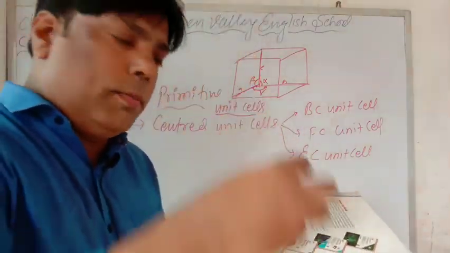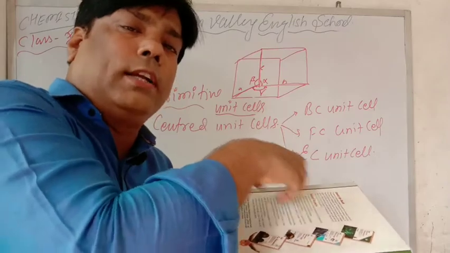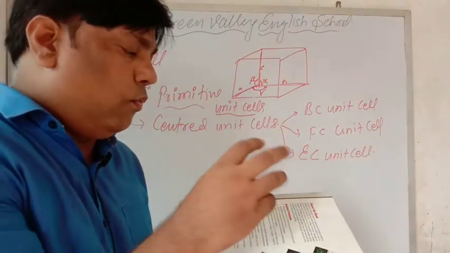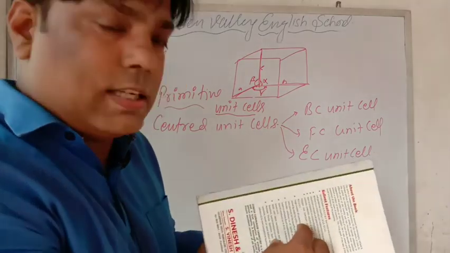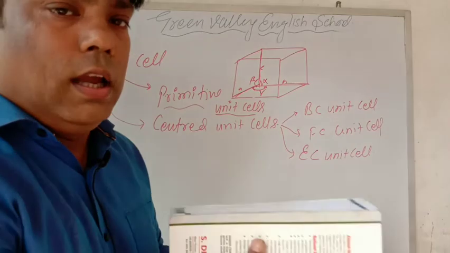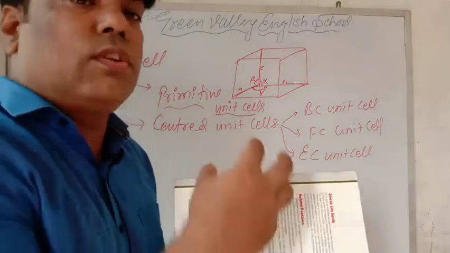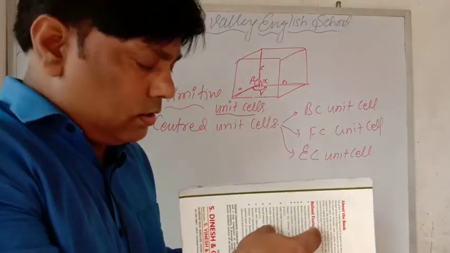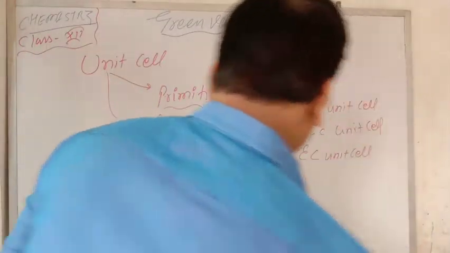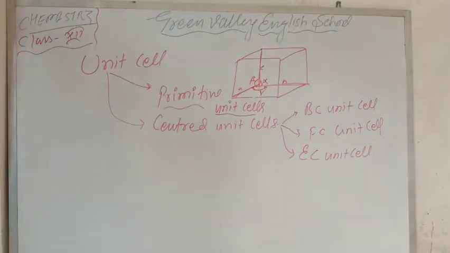If one atom is placed at the center of the cube, then it is body centered. If one atom is present at the center of each face, there are 6 faces and each face has one atom at the center, then it is called a face centered unit cell.